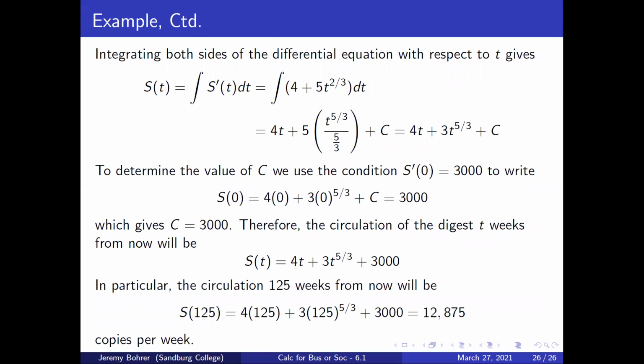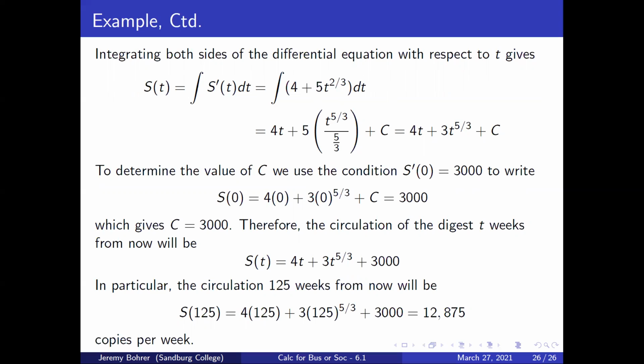Integrating both sides of the differential equation with respect to t gives us S of t equals the indefinite integral of S prime of t dt, which is equal to the indefinite integral of 4 plus 5t to the 2/3 dt, which is equal to 4t plus 5 times t to the 5/3 over 5/3 plus c, which is 4t plus 3t to the 5/3 plus c.